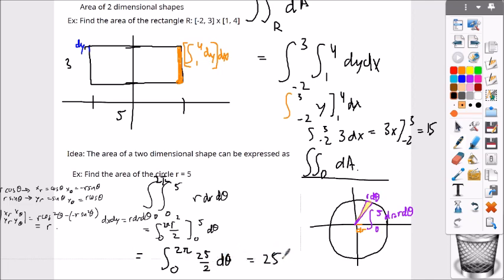This is 25 pi, and if you calculate this with the circle formula pi r squared, you will get the exact same answer, 25 pi. So if you use a dummy variable, you can actually just work out the area formula. It's pretty cool. So this is 25 pi.